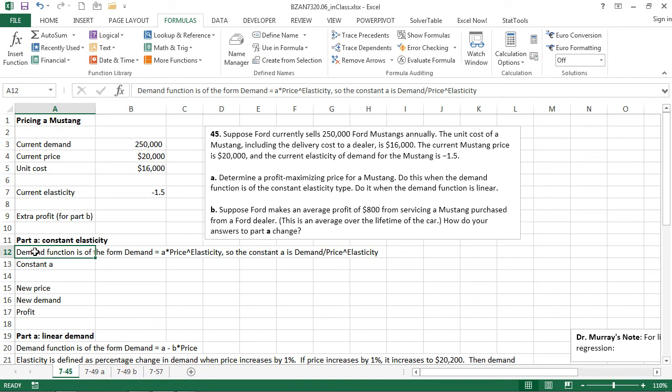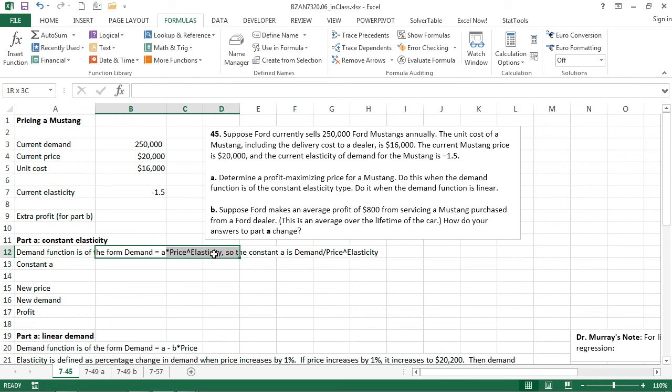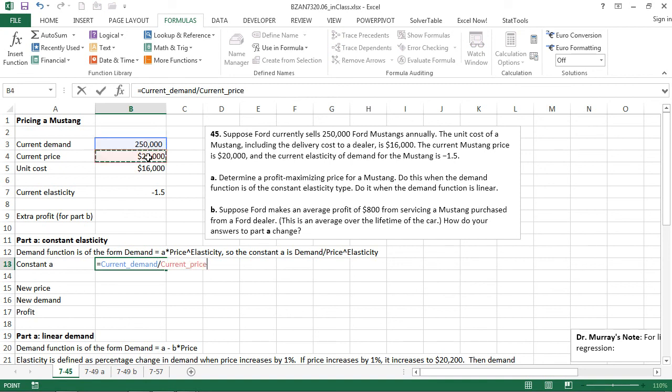So we can calculate this constant just by taking demand equals A times price raised to the elasticity and rearranging the terms. And what we end up with is A is equal to demand divided by price raised to the elasticity. So let's do that calculation. A is equal to demand divided by price raised to the current elasticity.